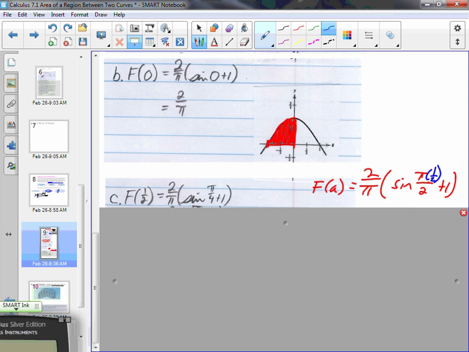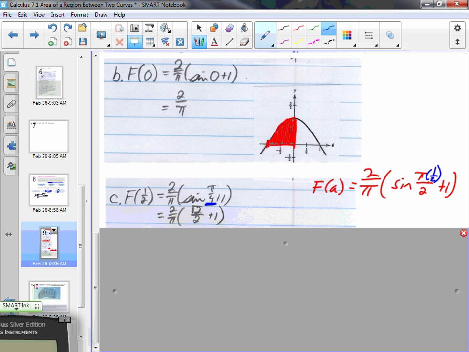When you simplify that, that's pi over 4, right? Multiply by 2 over 2, so you'll get pi over 4 when you simplify the theta part of that. So that's the sine of pi over 4, and plus 1. Anybody know what the sine of pi over 4 is? Yep, square root of 2 over 2.